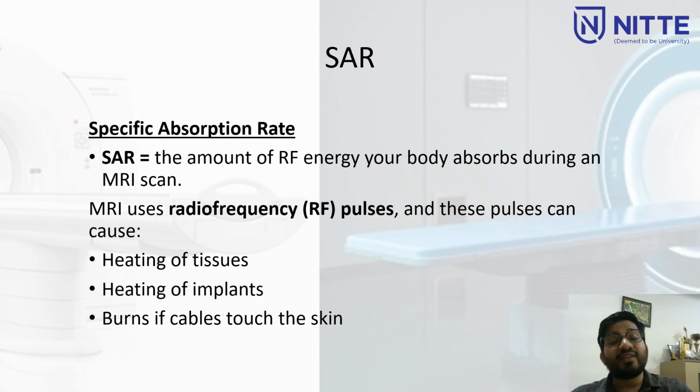MRI uses radio frequency pulses, and these pulses can cause heating of the tissue, heating of the implant, and burns if cables touch the skin. So whole body SAR limit is less than or equal to 2 watt per kg. Head SAR limit is approximately less than or equal to 3.2 watt per kg.